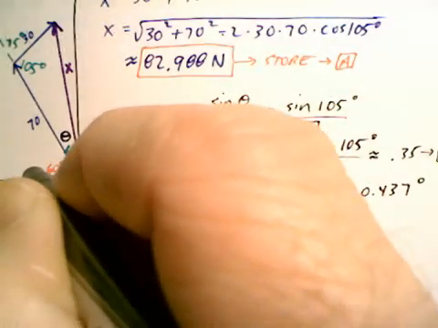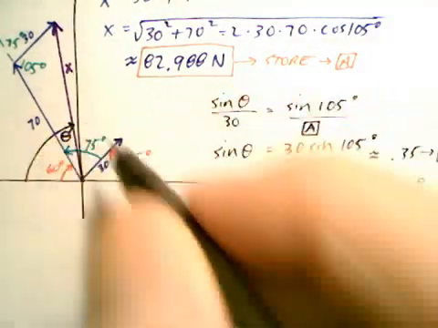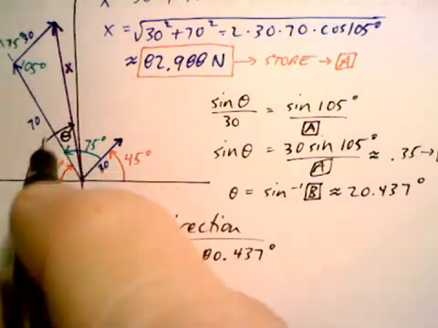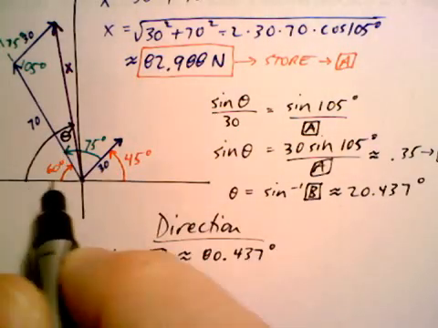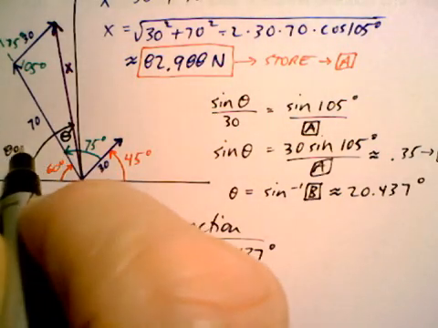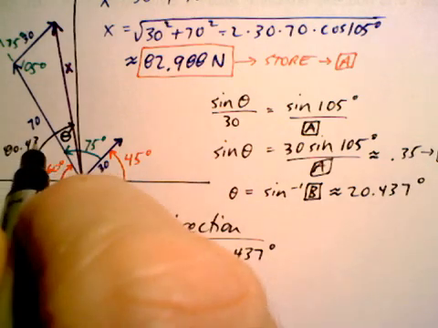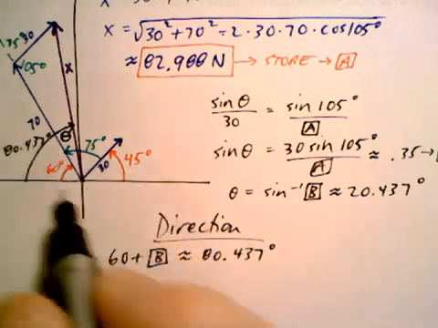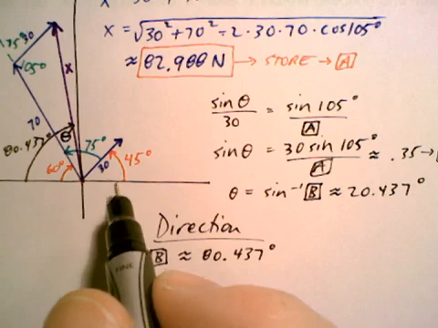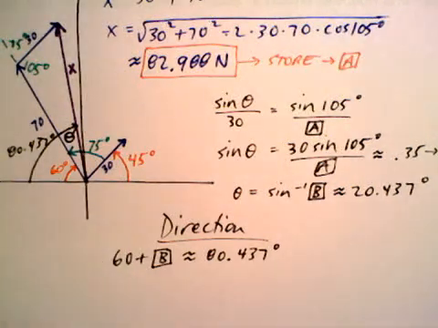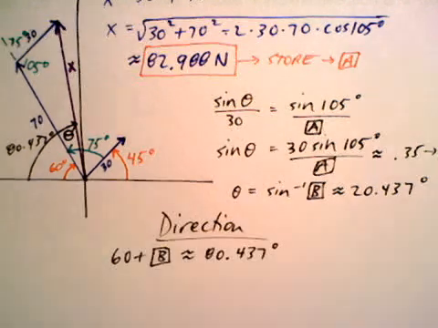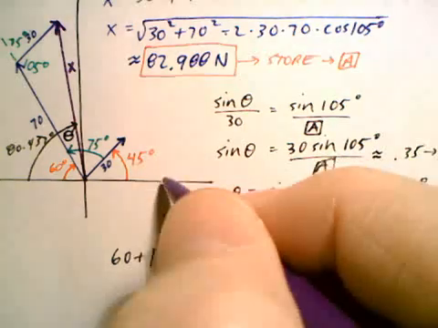So let's think about this. 80.437 degrees is the angle that our resultant vector makes with this side here on the other side. Well, if we take that and subtract it from 180, then we're going to get the angle we need. We're going to get this angle right here. Let's use purple, since that's our resultant.